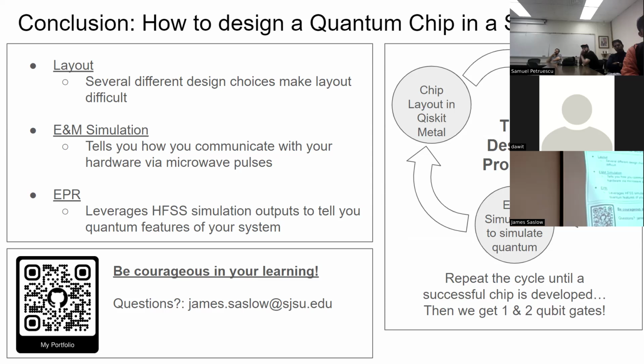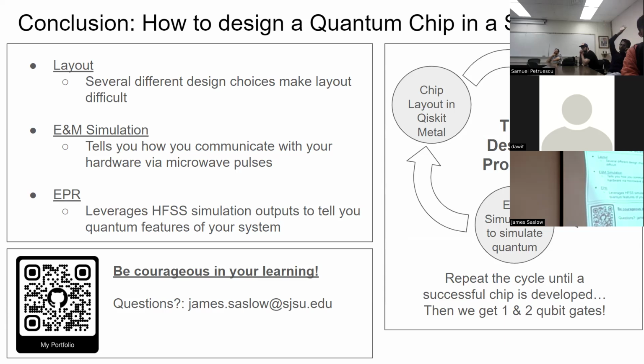Then you go back and repeat the cycle, adjust your design, redo the simulations, over and over again until you get parameters that you're satisfied with. Once you do, you can move on to single and 2-qubit gates, which is what we want at the end.